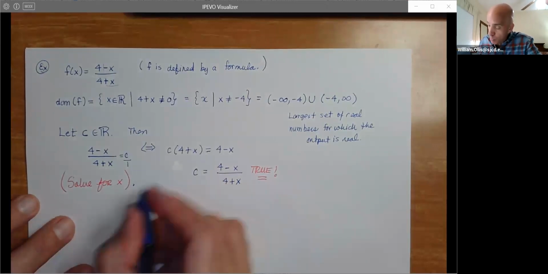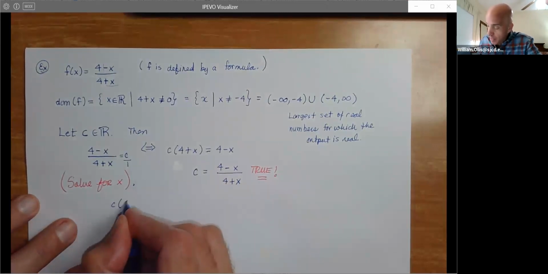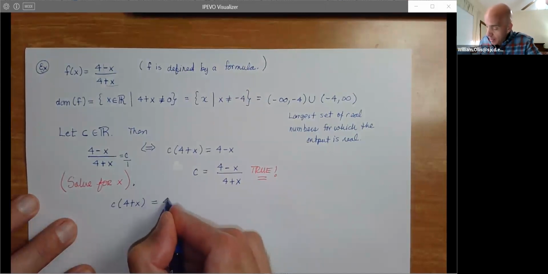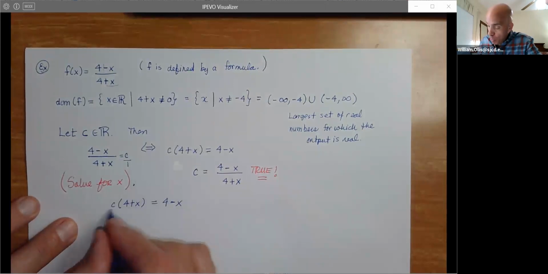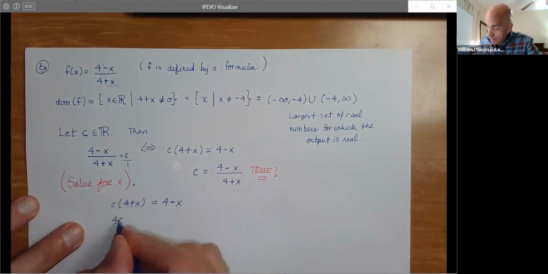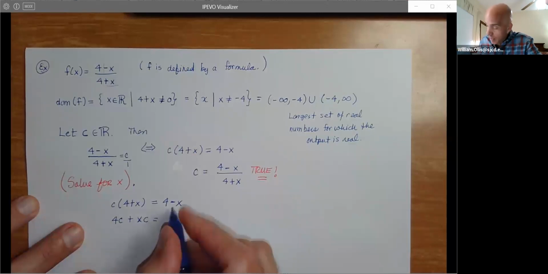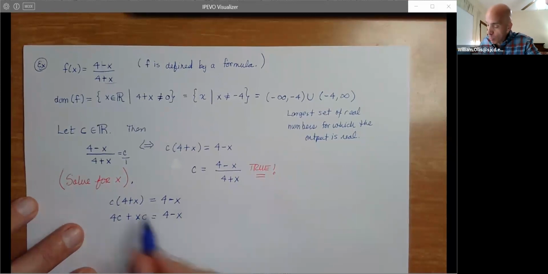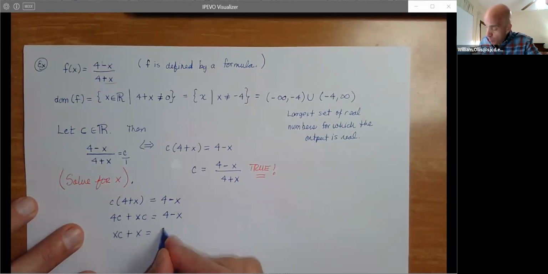So now when we cross multiply, we have C times 4 plus X equals 4 minus X. Now multiply everything out. 4C plus XC, how interesting, equals 4 minus X. Now, again, we want to solve for X, so let's put all of our X's on one side. So we have XC plus X equals 4 minus 4C.